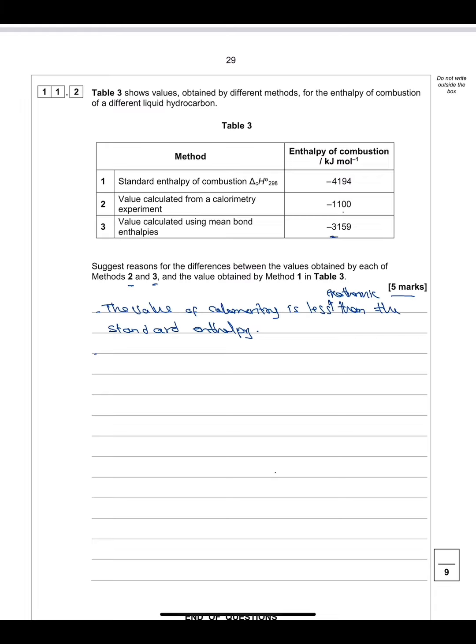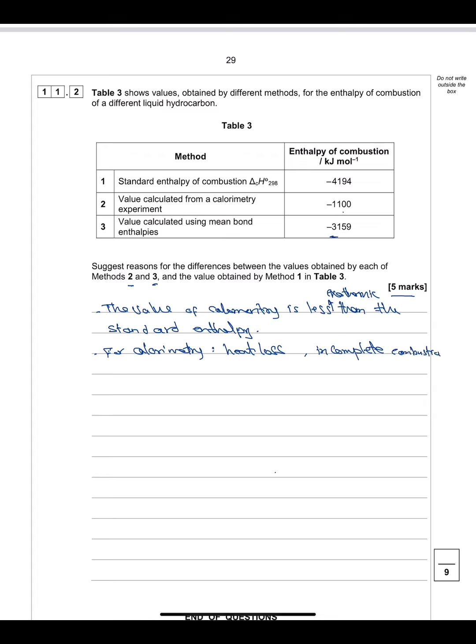The main reason for calorimetry, which is method 2, is that there is heat loss. Heat is lost, or there is energy loss during the experiment. Also, there is a possibility of incomplete combustion in addition to the complete combustion. And we know that incomplete combustion will get you less energy than the complete combustion. Incomplete combustion as well is one of the reasons.